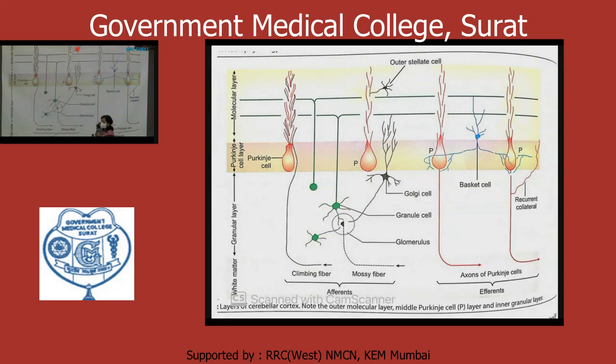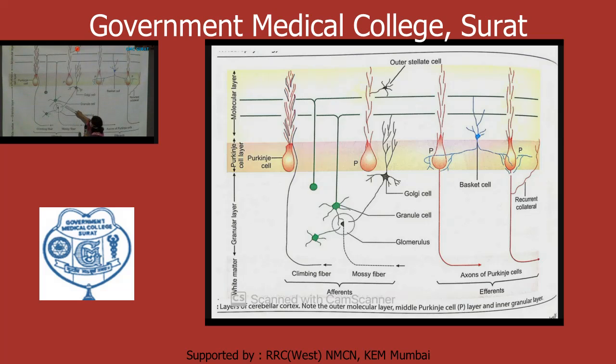And why do we say that this is feedback inhibition? Because once these granule cells receive the impulse via the mossy fiber, these granule cells send impulses to the Golgi cells also.